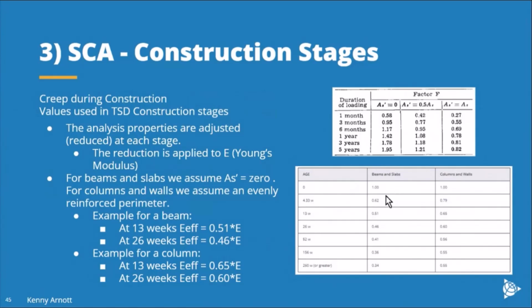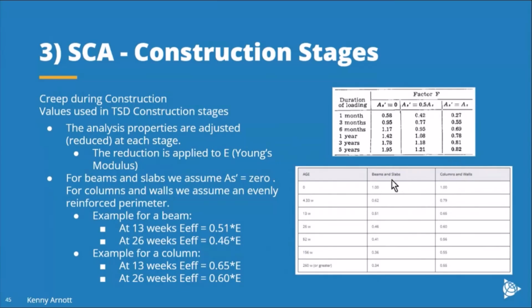So you can see that at 52 weeks, we're applying a factor of 0.41. I think it's probably the 250 weeks or greater is the easiest one to look at. We apply a factor of 0.34. So we've got a third of the stiffness. And if you think of that 1.5, nearly 2, so your deflection is actually 3 times bigger. That's a third of the stiffness. So all of these factors come from those numbers there.